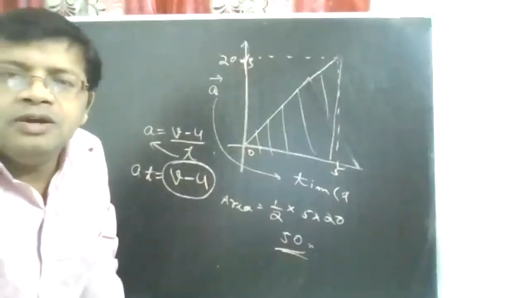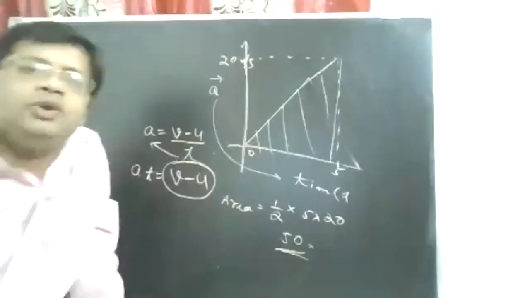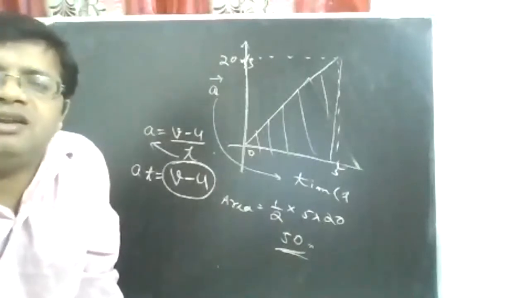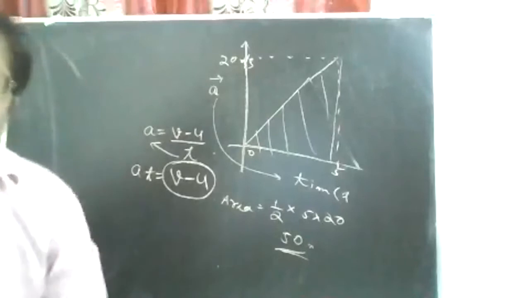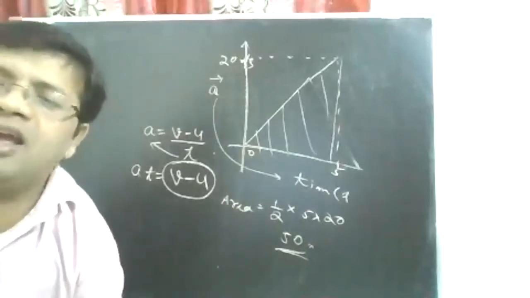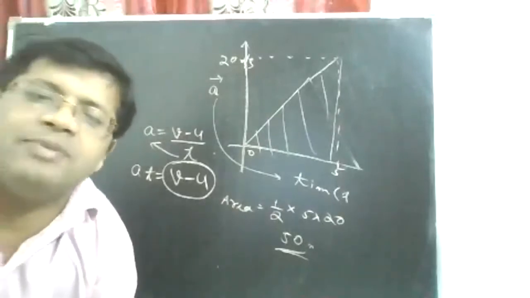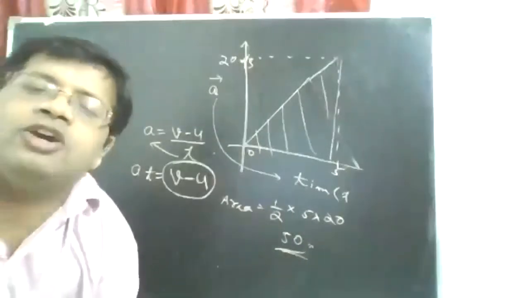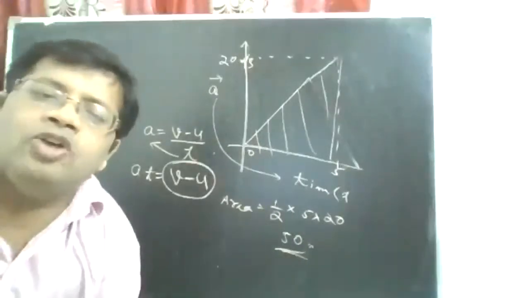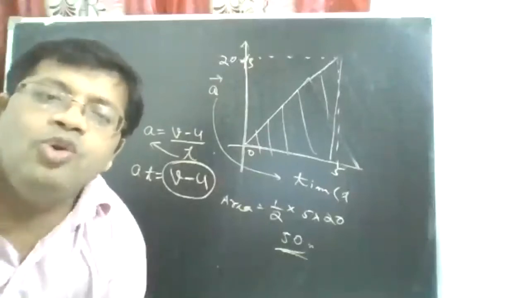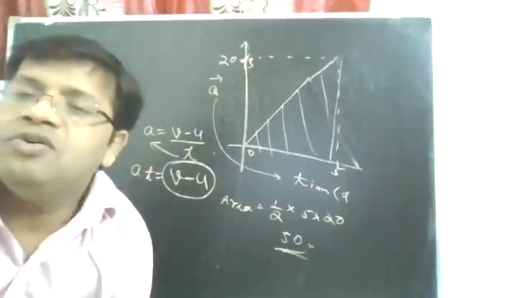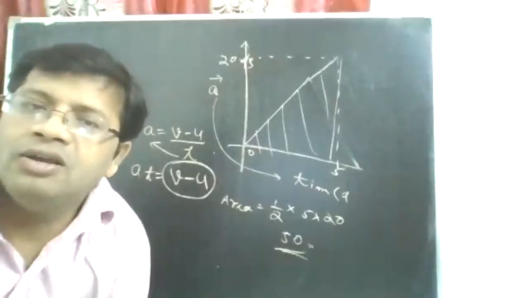So if a graph of acceleration and time is given to you, then by determining the area below the graph, that is the area below the acceleration time graph, you can determine the change in velocity of the body.